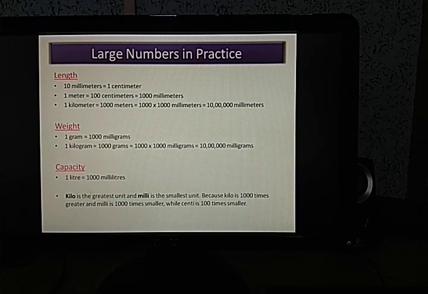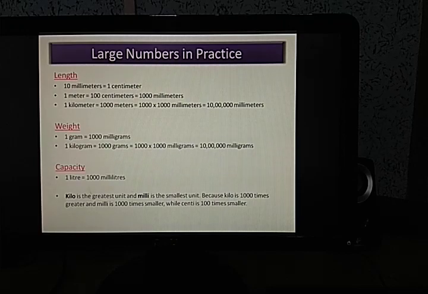Why? Because kilo is 1000 times greater. Whenever the word kilo is used, the number that comes to our mind is 1000. And whenever milli is used, it is 1000 times less than that. It will be 1 by 1000, which you have already learned in the last class, that is in class 5.